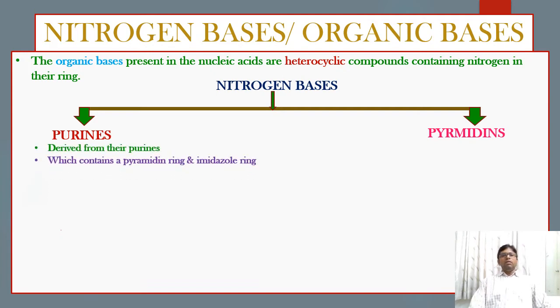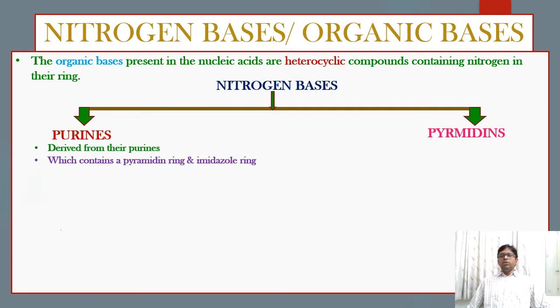Purines are derived from purine, and purines contain 2 carbon-nitrogen rings in their structure: one is a 6-membered pyrimidine ring and the second one is a 5-membered imidazole ring.